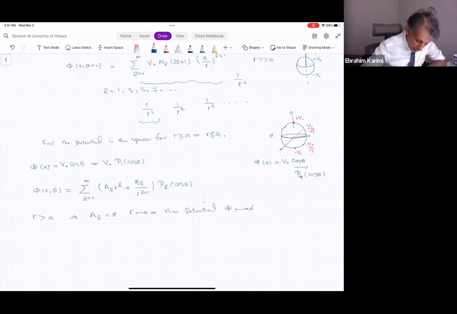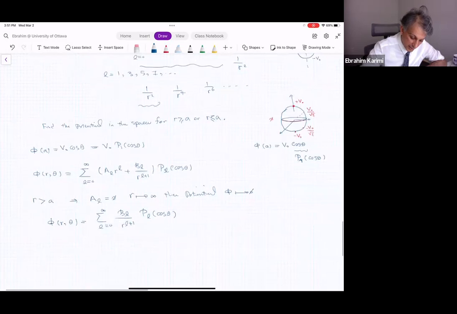Therefore, we reduce that to the summation of L from 0 to infinity of B_L divided by r to the power of L plus 1, P_L of cosine of theta. That's the potential for r and theta. Now we apply the second condition: at r equal to a, the potential should be given by V0 cosine of theta, which is V0 P1 of cosine of theta.